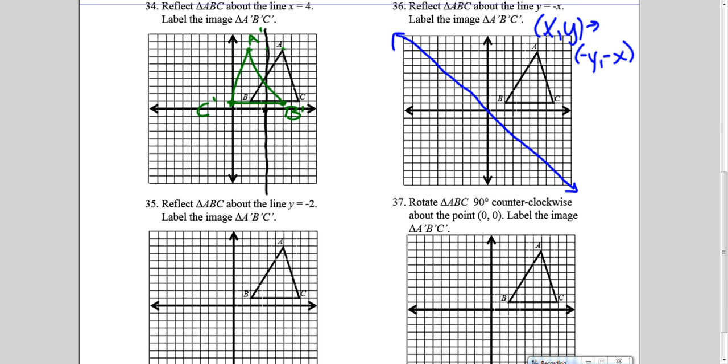If B is here at 2, 1, then B prime would be here at 1, negative 2. Negative 1, negative 2. C is at 8, 1, and so C prime is going to be at negative 1, negative 8. And A is at 6, 8, so A prime would be at negative 8, negative 6.